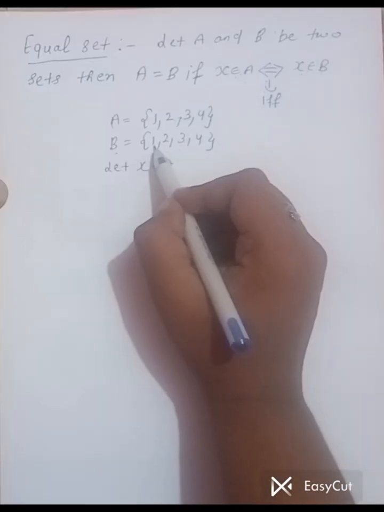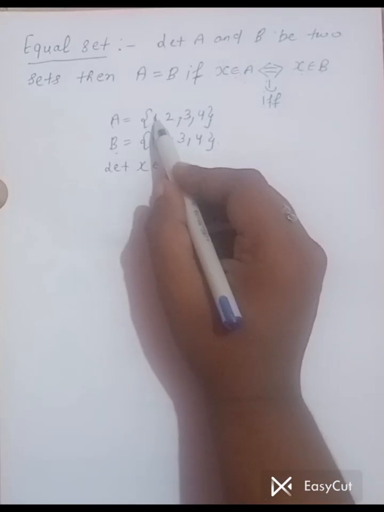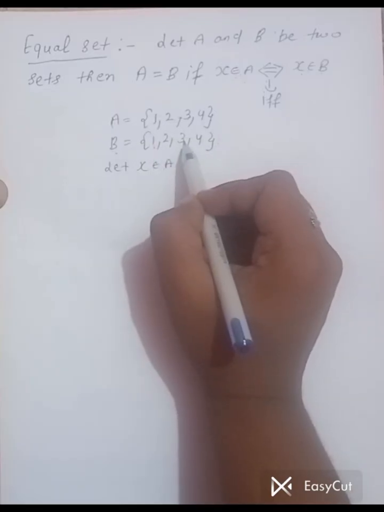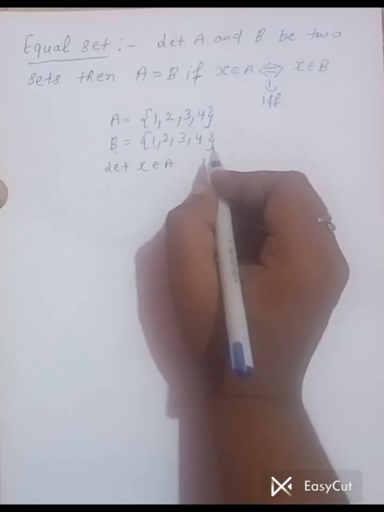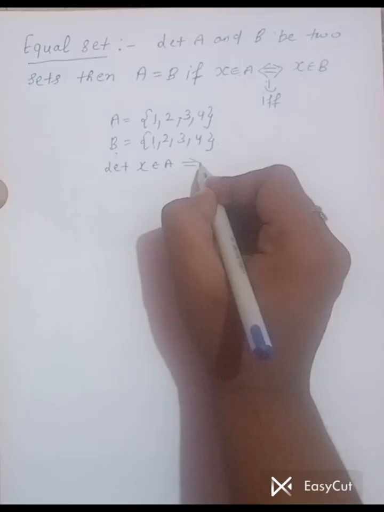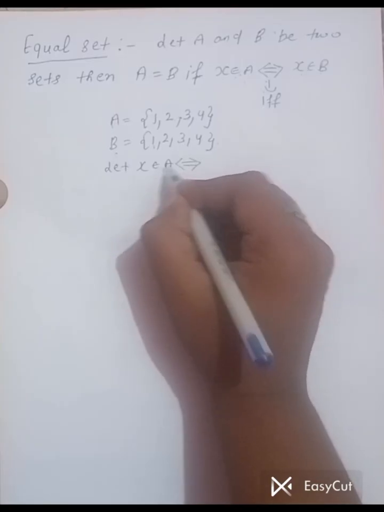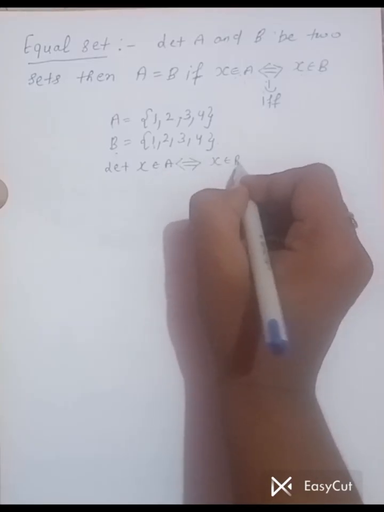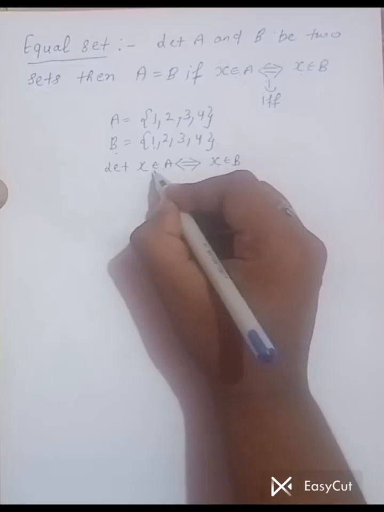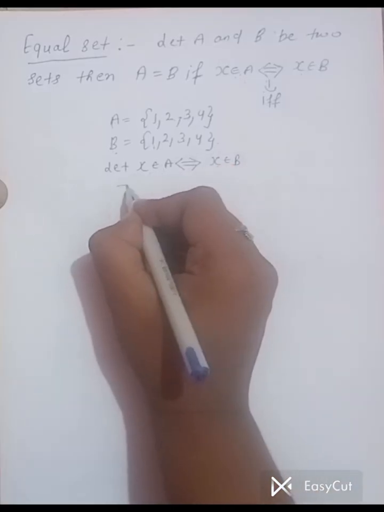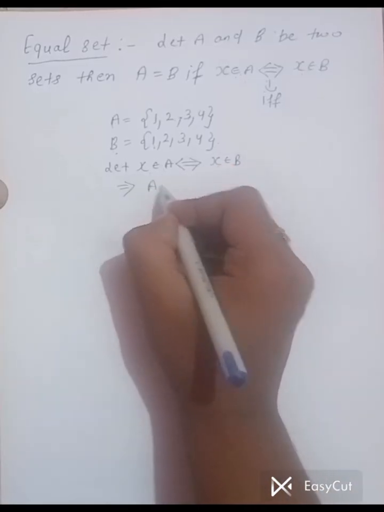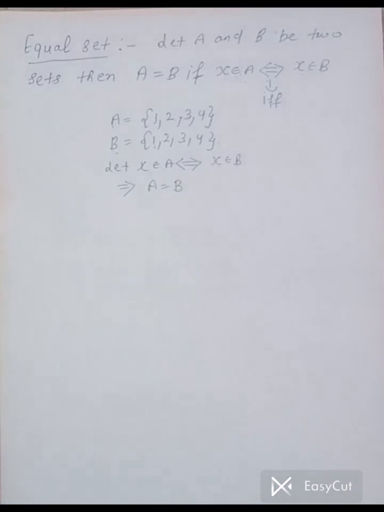If 1 belongs to B, then 1 belongs to A. 3 belongs to B, then 3 belongs to A. So it is the if and only if: X belongs to A implies X belongs to B, and X belongs to B implies X belongs to A. So this implies A is equal to B.